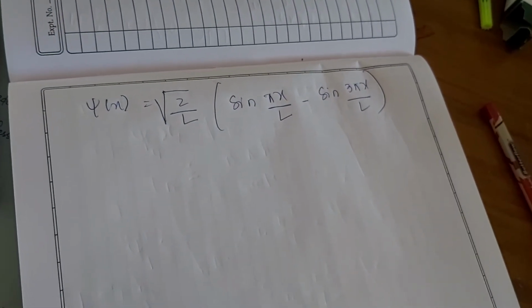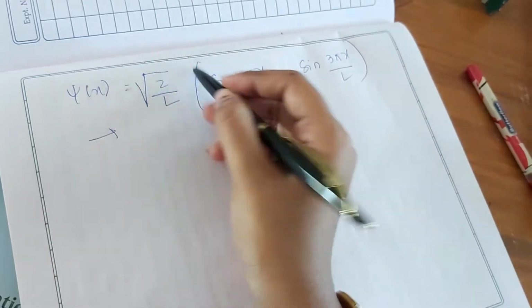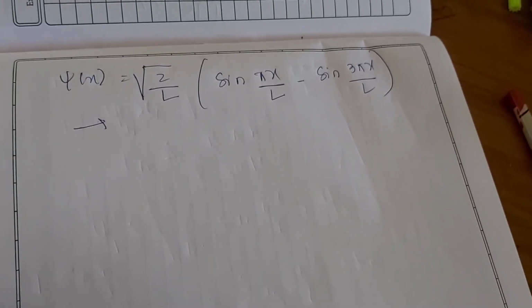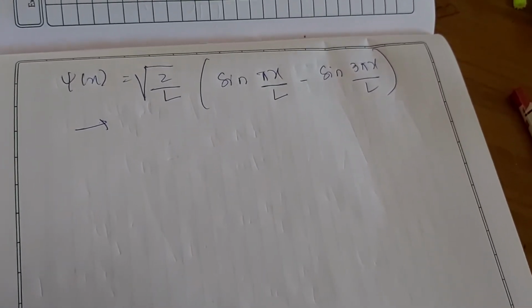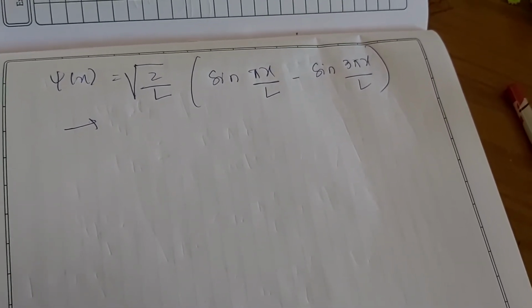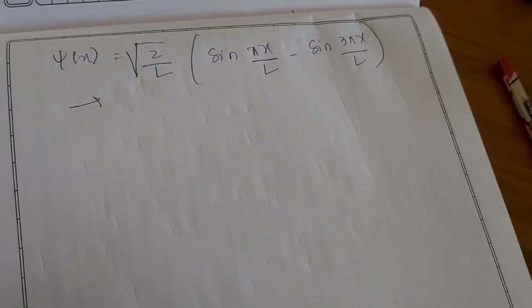The process is you have to first express this wave function, and we can express this easily in terms of the wave functions of a 1D box, right?